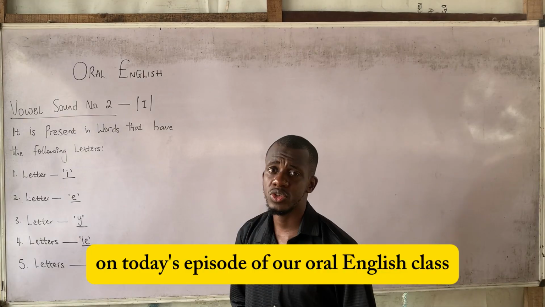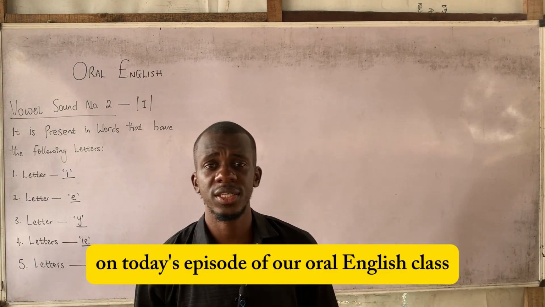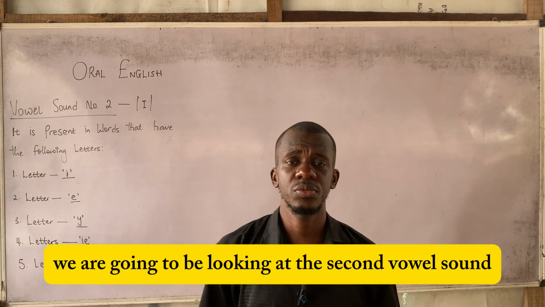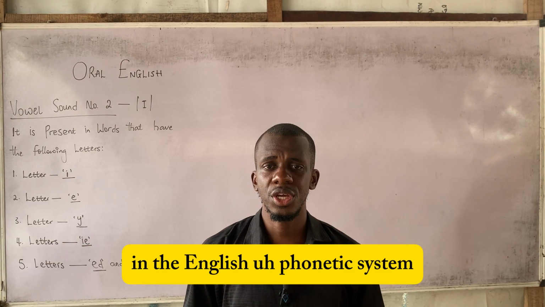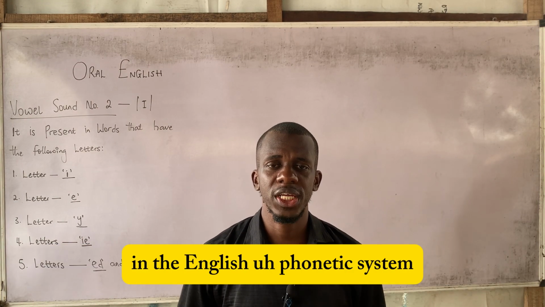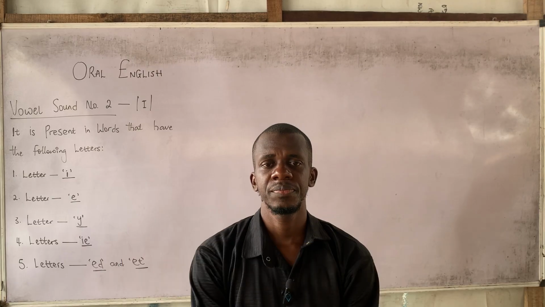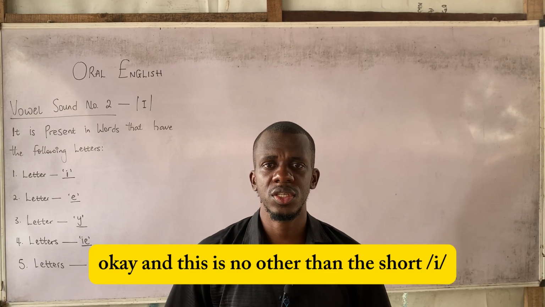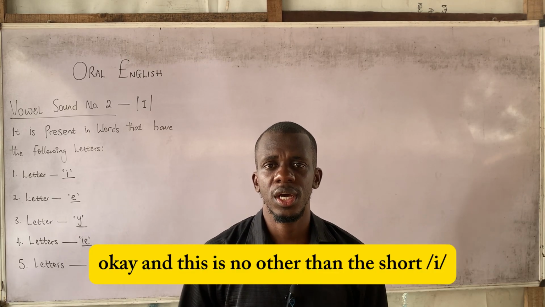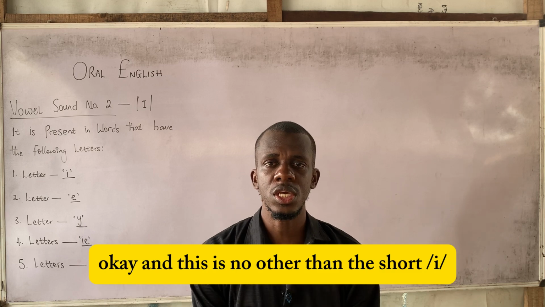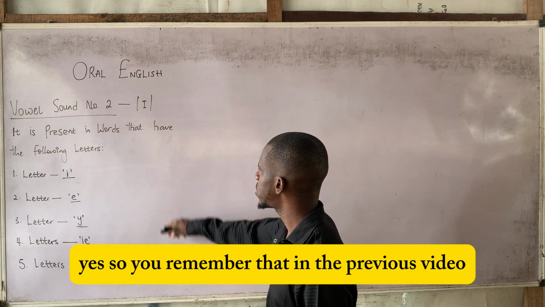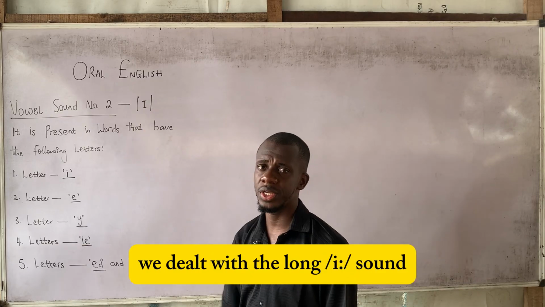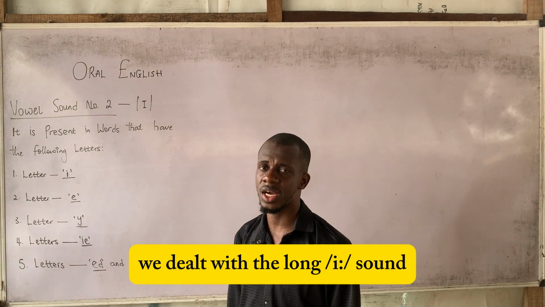On today's episode of our oral English class, we're going to be looking at the second vowel sound in the English phonetic system, and this is no other than the short E. Yes, you remember that in the previous video, we dealt with the long E sound.